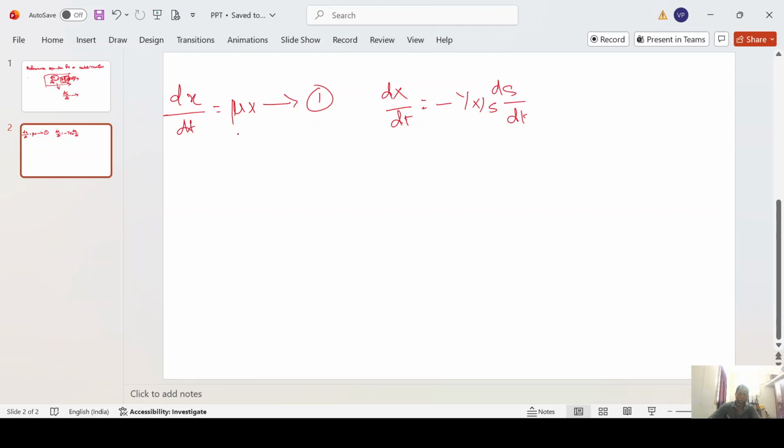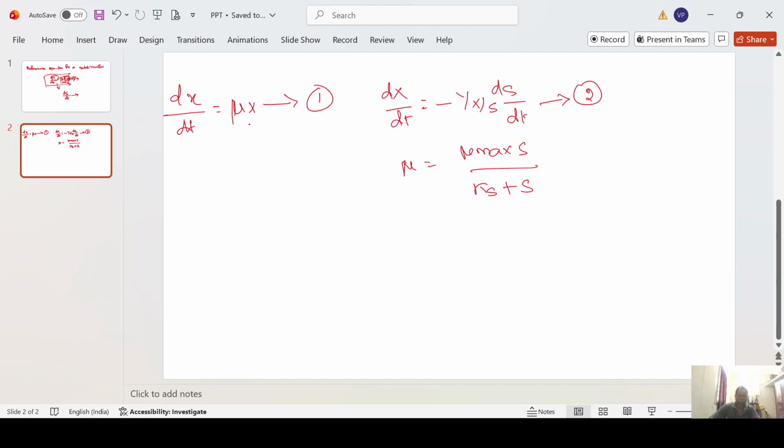So we could replace dx by dt in terms of ds by dt. Let us take this as equation number 2. Then mu is the specific growth rate. This can be written as the Monod model, mu max s whole divided by ks plus s.